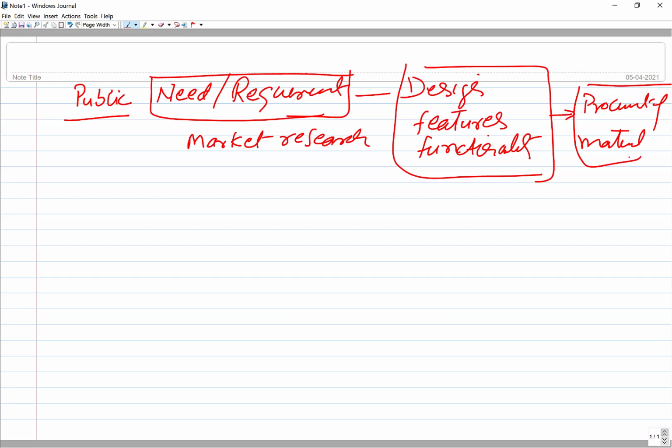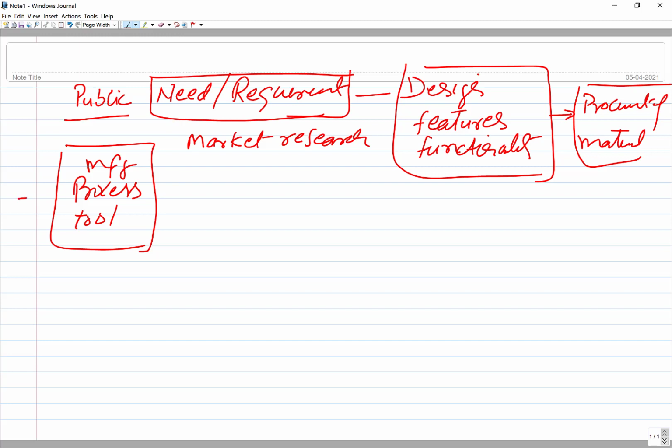Once you have procured the material which should be used for manufacturing, let us arrange the manufacturing processes or the tools that you need: material and then processes.